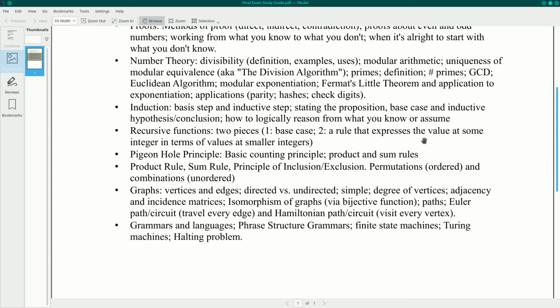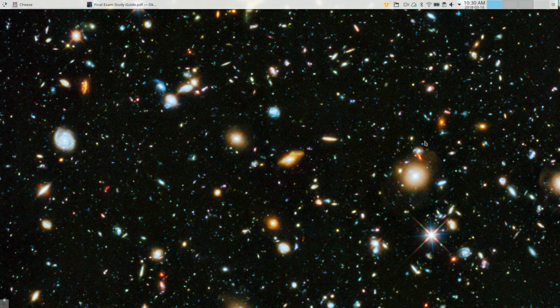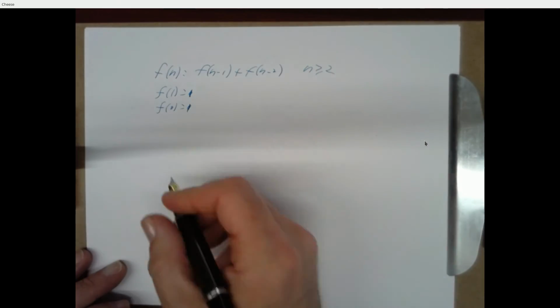And then there's this principle of inclusion-exclusion, which is just this.